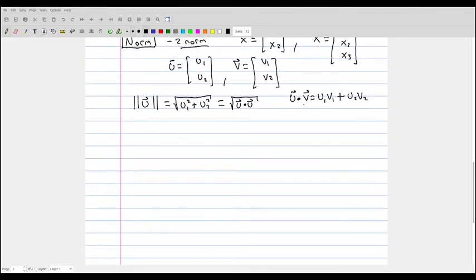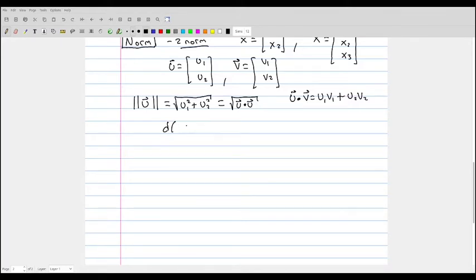We'll talk a little bit more about the dot product later, because it's going to come up specifically when we talk about the directional derivative and defining the chain rule for multivariable functions.